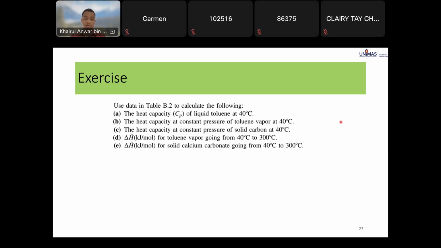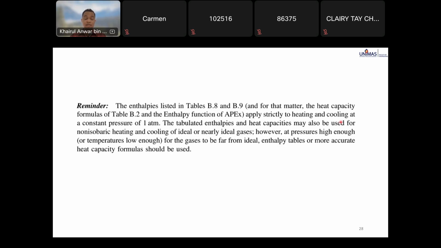Okay, this is just substitute value. Refer to table B2. The enthalpy listed in table B8 and table B9. For that matter, the heat capacity formula of table B2 and enthalpy function of table B8 applies strictly to heating and cooling at constant pressure of 1 atm.